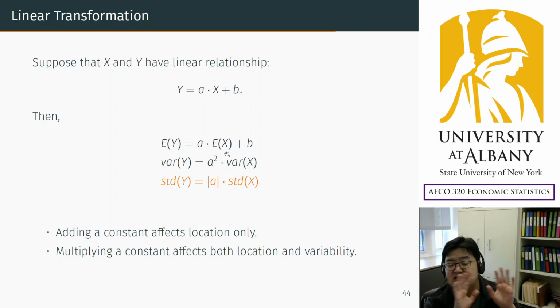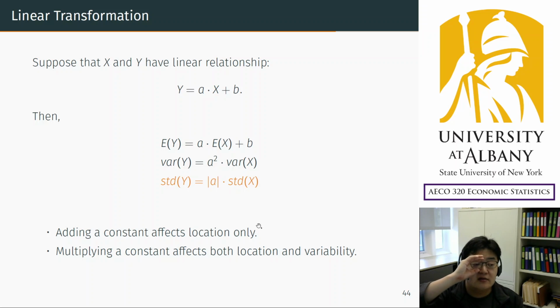In distance, the sign does not matter, only the scale matters. That's why we have the absolute value of a here. So this is the standard deviation, which just automatically follows from the variance.